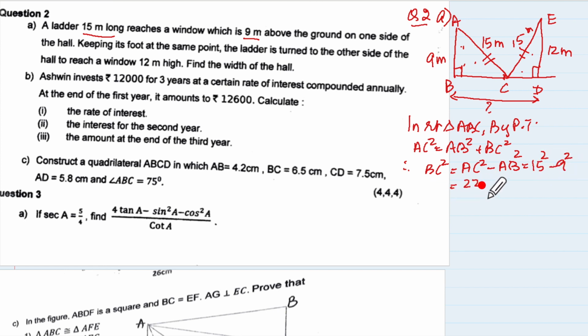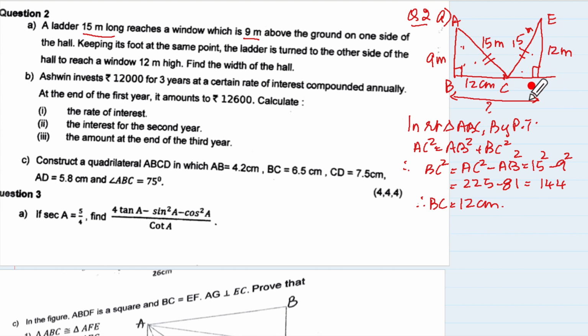That will give us 225 minus 81, which is 144. That gives us BC equal to square root of 144, which is 12 centimeter. So we'll write 12 centimeter here.